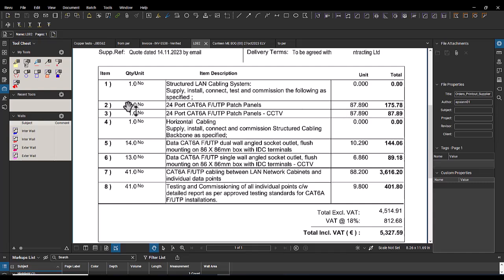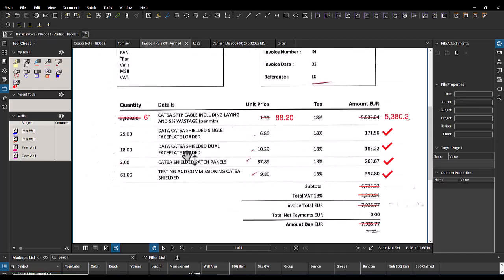So this is one. For patch panel, 2 numbers, and patch panel for CCTV there is 1. 2 plus 1, so the quantity is 3, costing €87.89, which is correct. So 3 items here.